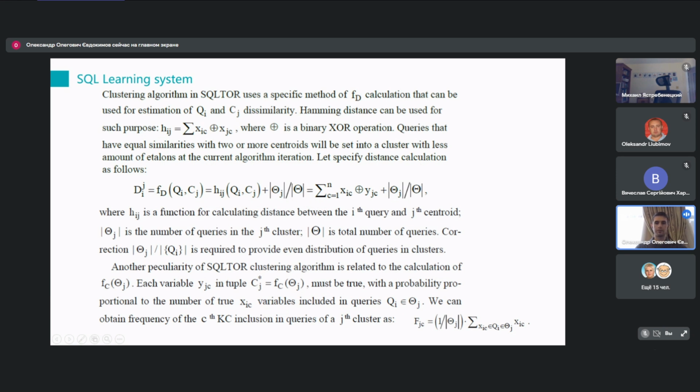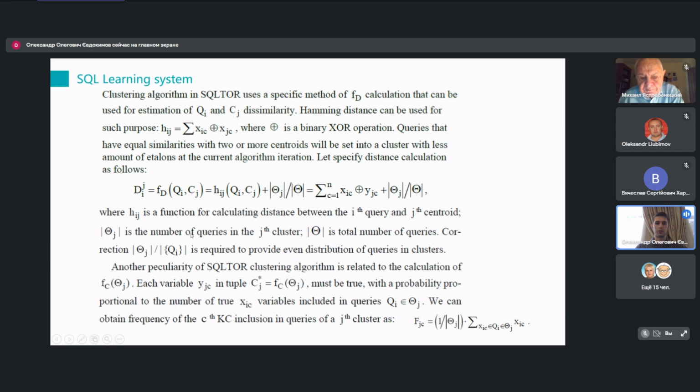There is a specified distance calculation where h is a function for calculating distance between a query and a centroid. Centroid is an object where we save pre-existing queries in the system.